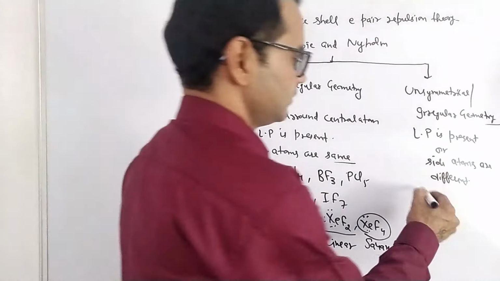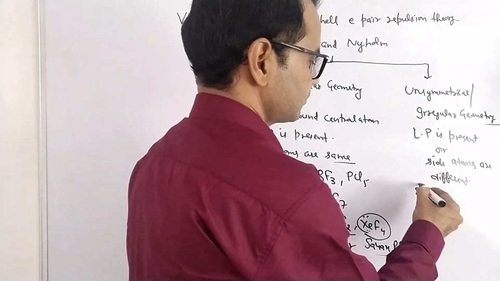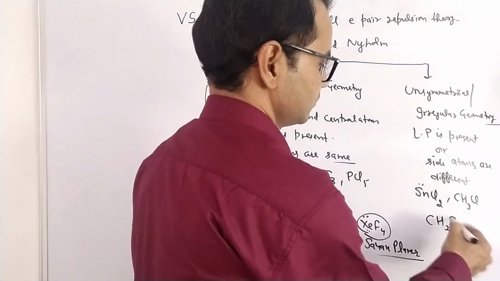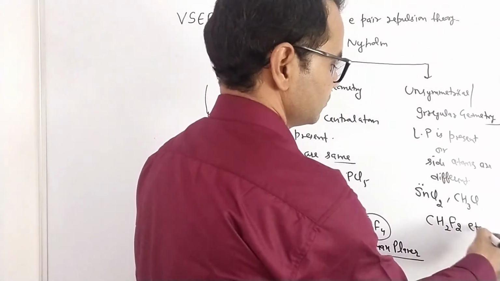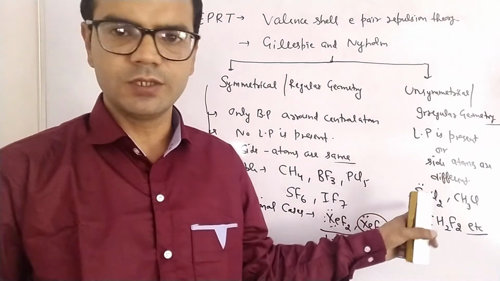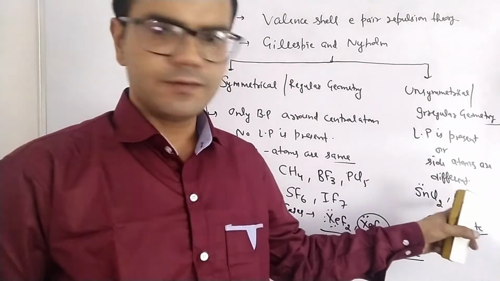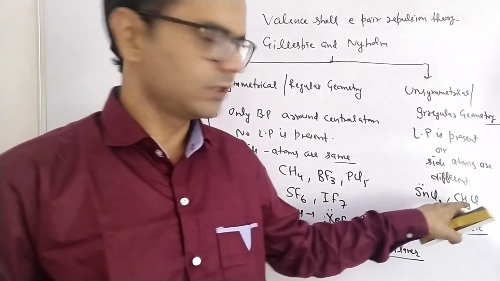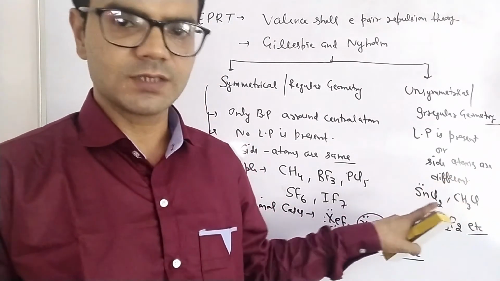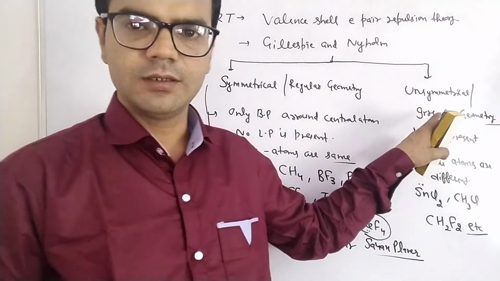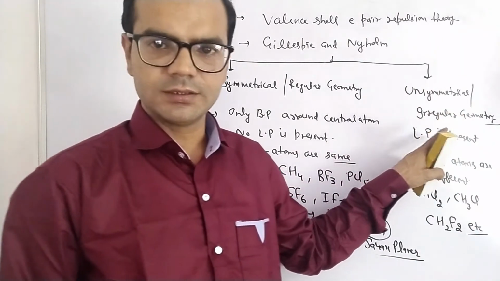For example, now these molecules have a lone pair or side atoms are different. As we can see, in CH3Cl, hydrogen and chlorine, two different types of atoms are attached. So these molecules possess unsymmetrical or irregular geometry, right?